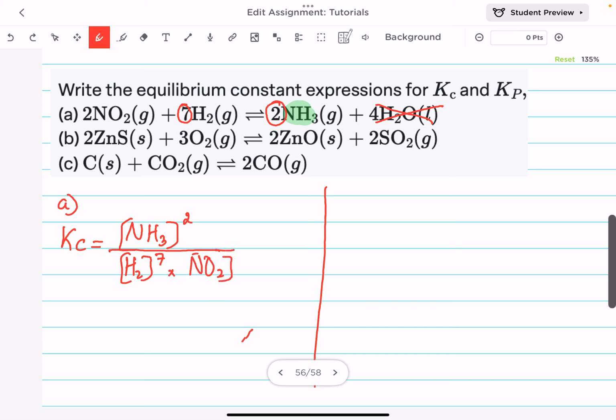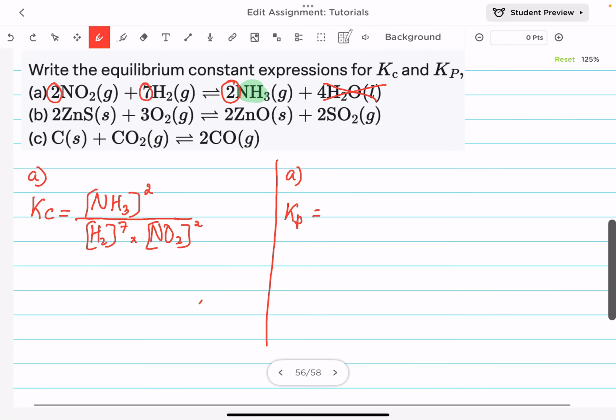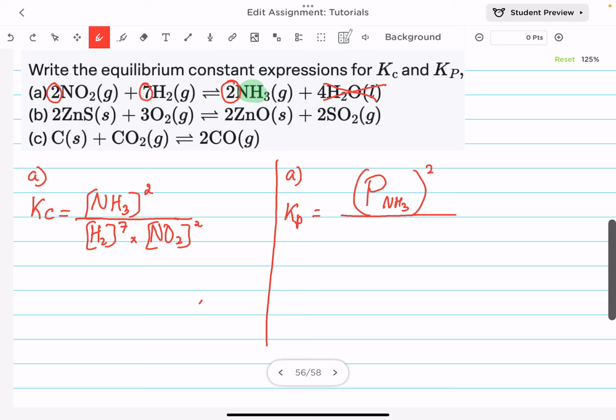If I am writing a P expression, the K equilibrium of pressure, in this case, I would use P instead of brackets. So it's going to be the pressure of NH3 squared, the pressure of hydrogen gas to the power of 7, and the pressure of NO2 squared.